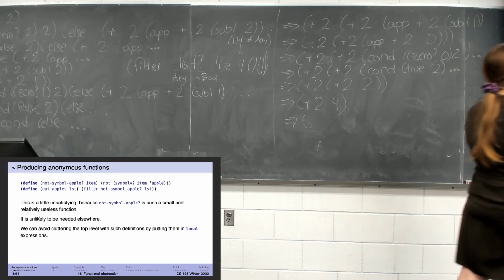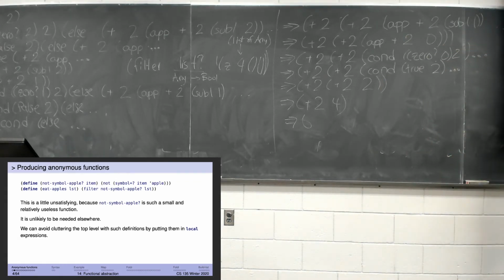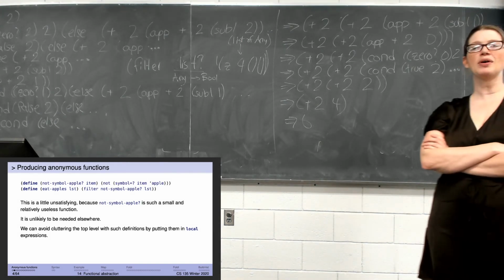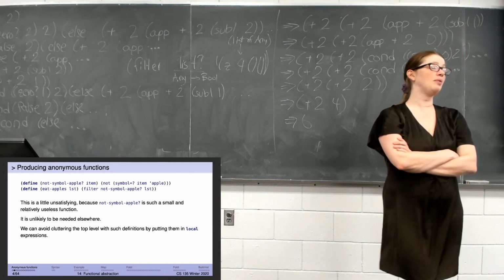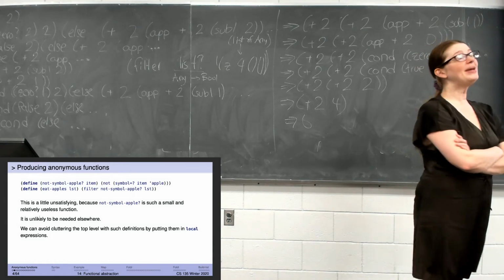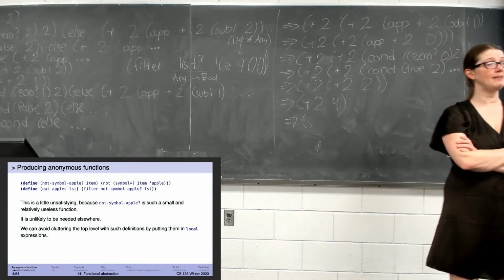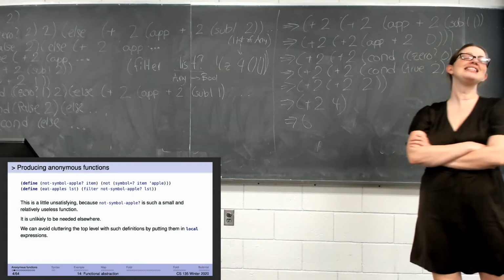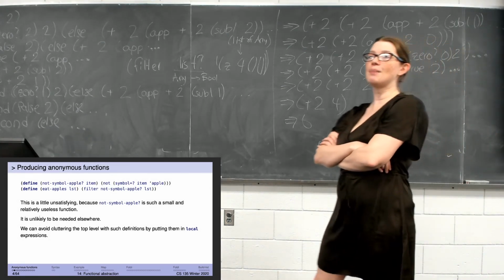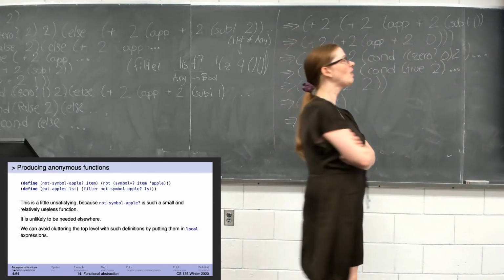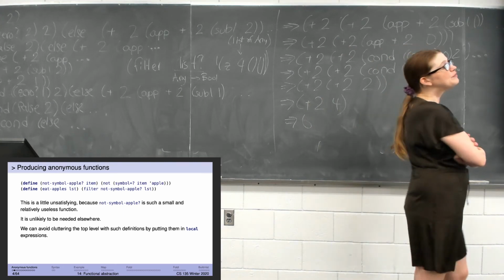Now I want to go back to eat apples. In order to implement eat apples, we originally had this simple recursive function that searches the list and removes the selective elements. Now we can just call filter. Filter requires a predicate. The predicate is to check, is this thing not an apple? Because if it's not an apple, I want to keep it. All right, so I need to define that predicate.